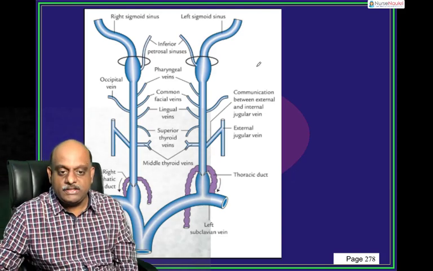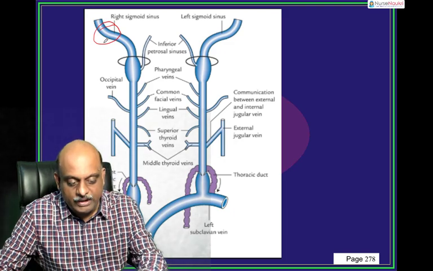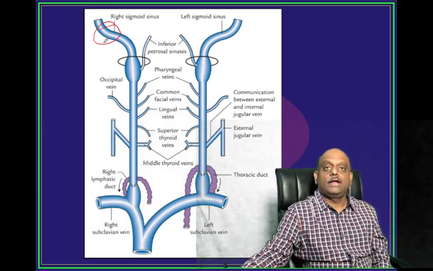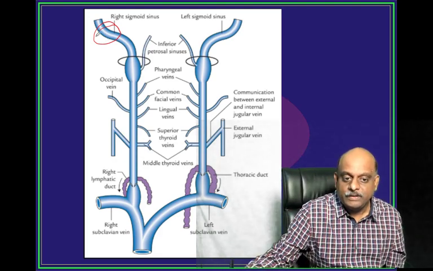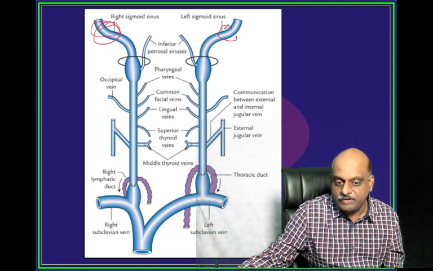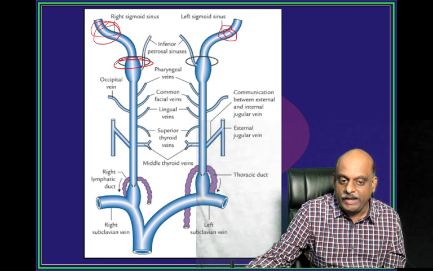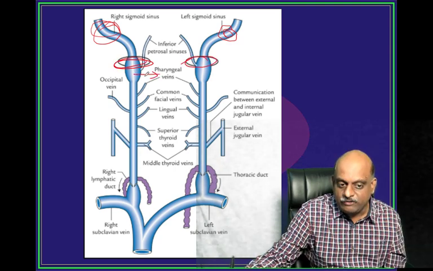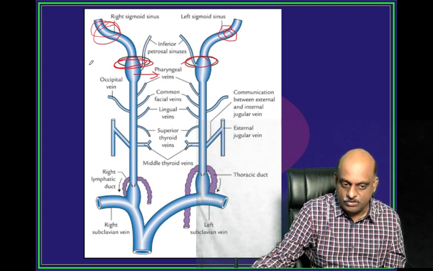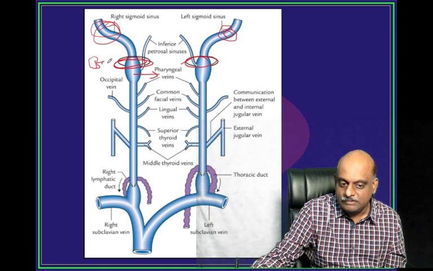So this is how you have a right sigmoid sinus and a left sigmoid sinus, a very good consolidation of the whole story. Typically, when it is descending down through the jugular foramen, there is an enlargement of it, which is called the jugular bulb.